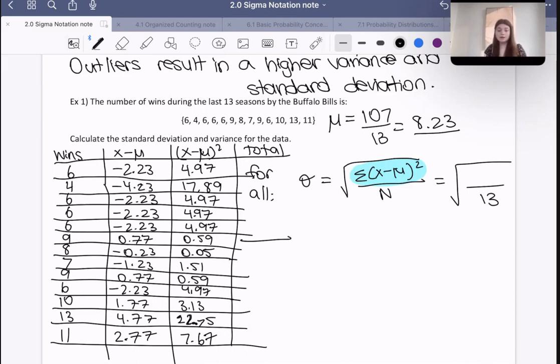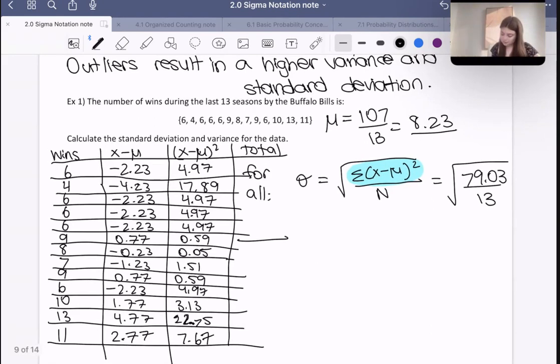So finally, at long last, we find out that the answer is 79.03. So 79.03 is our answer here.